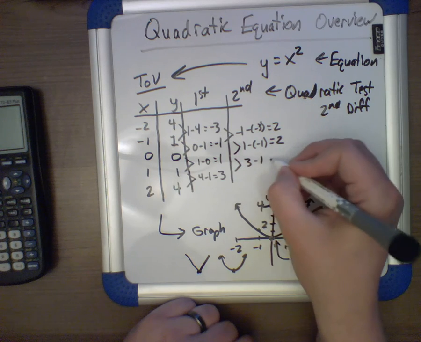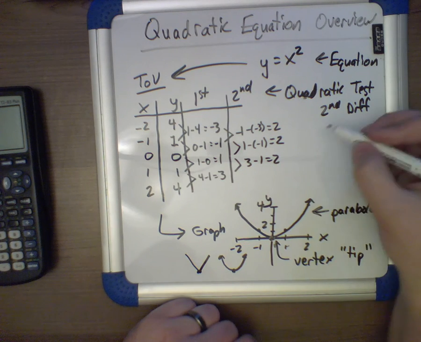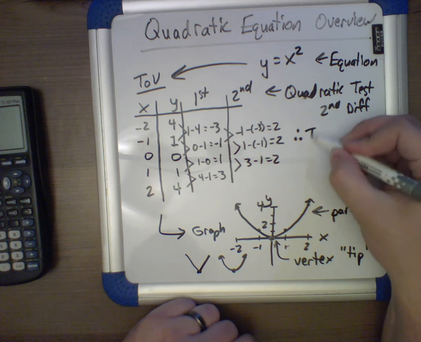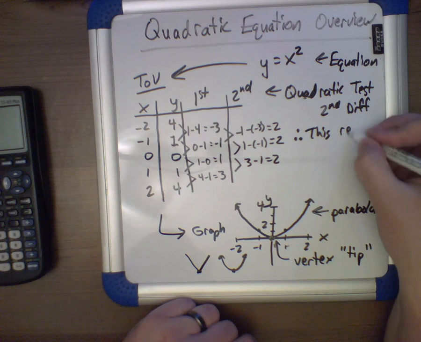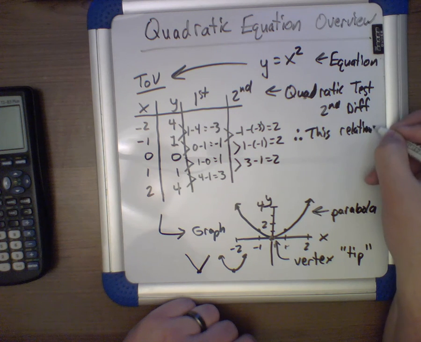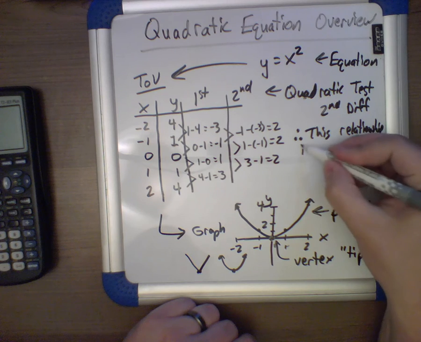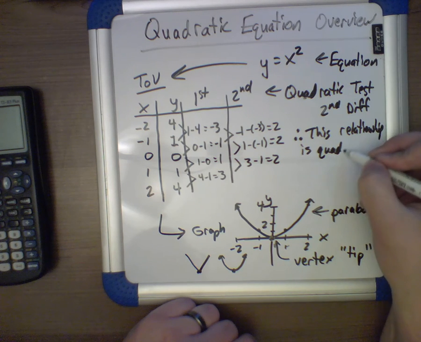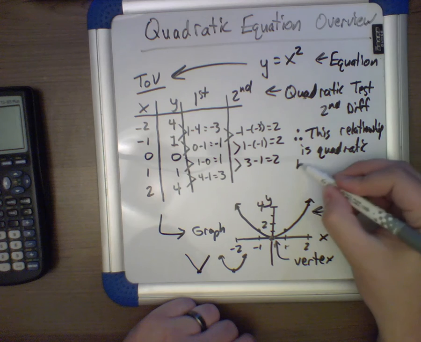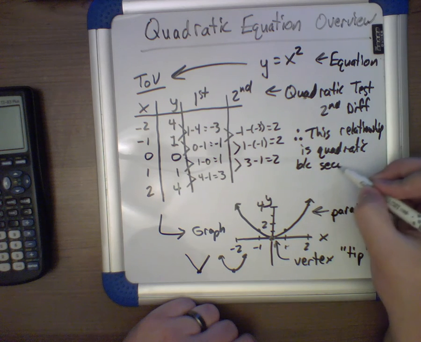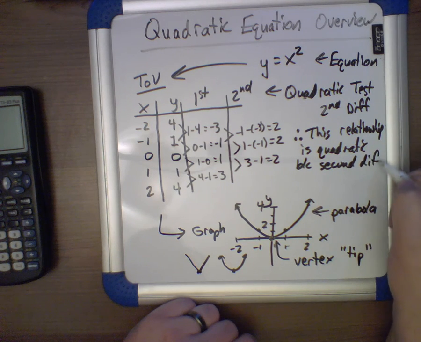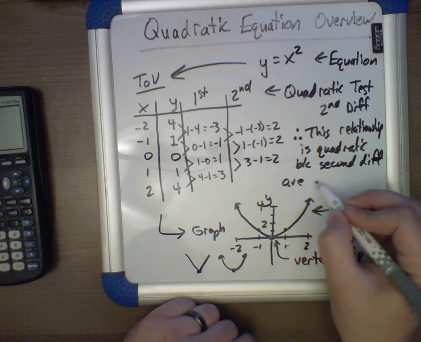And 3 minus 1 is 2. Therefore, this relationship is quadratic because second differences are all the same.